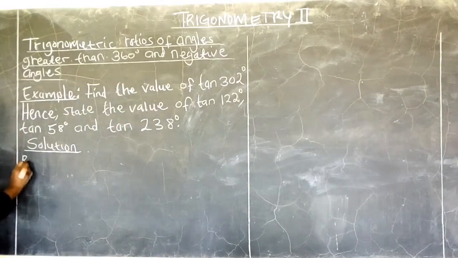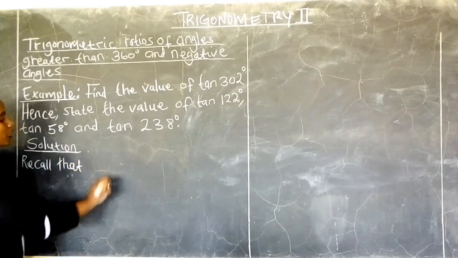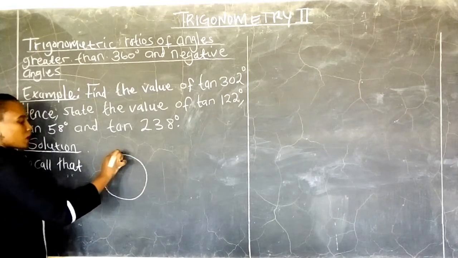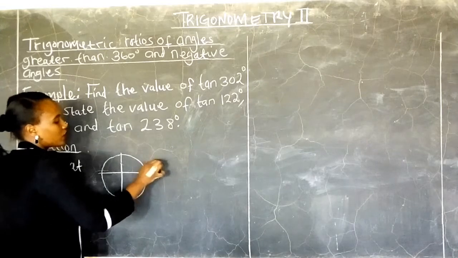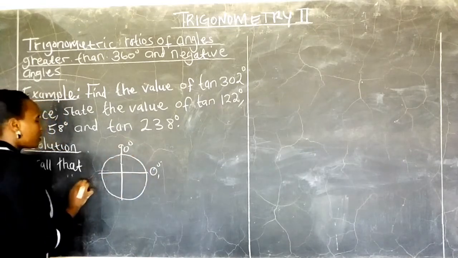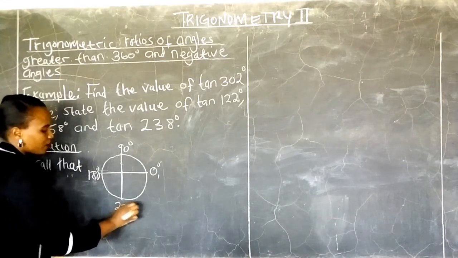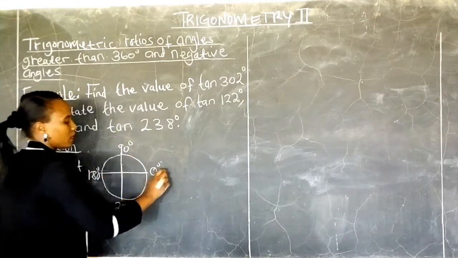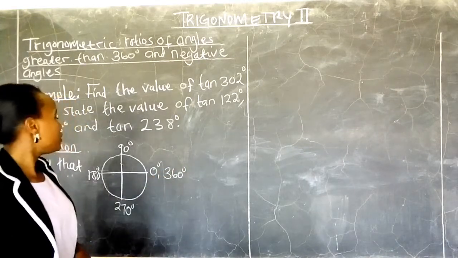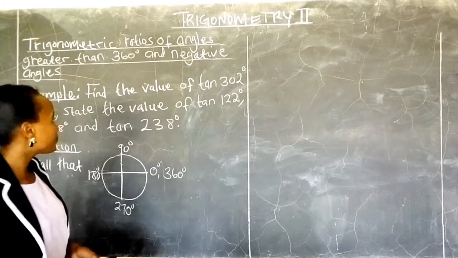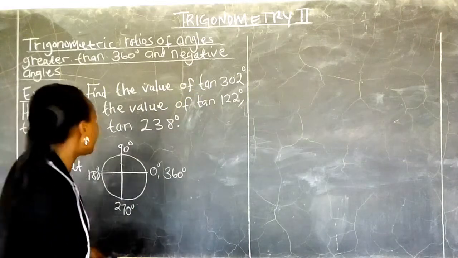Okay, recall that in a unit circle, as we said earlier, this is 0 degrees, this is 90 degrees, 180 degrees, and finally 270 degrees, and the entire circle as 360 degrees. Okay, now we are told to find the value of tan 302 degrees.